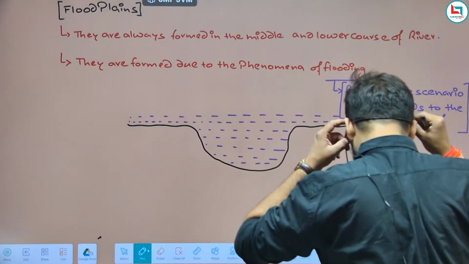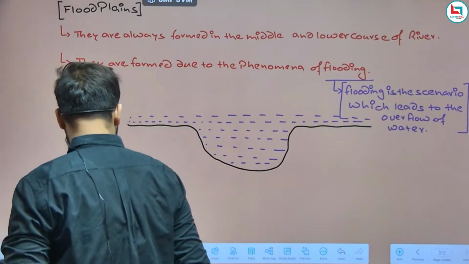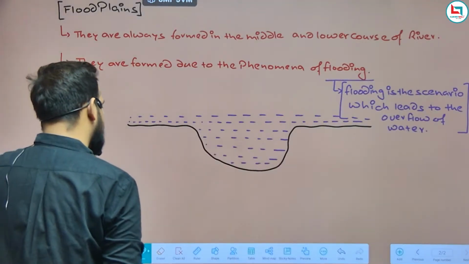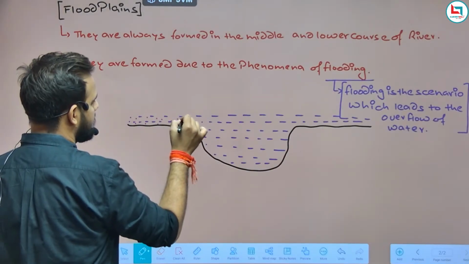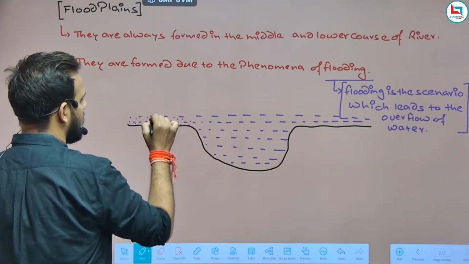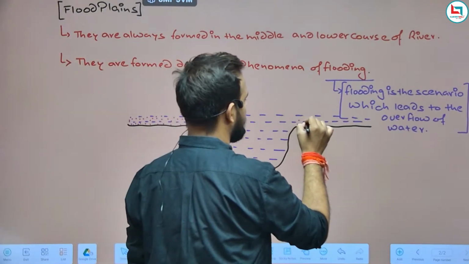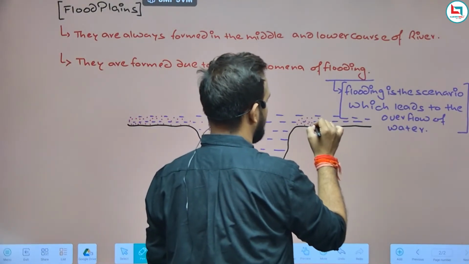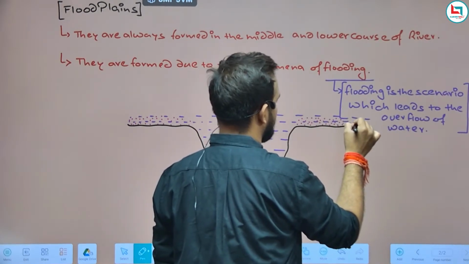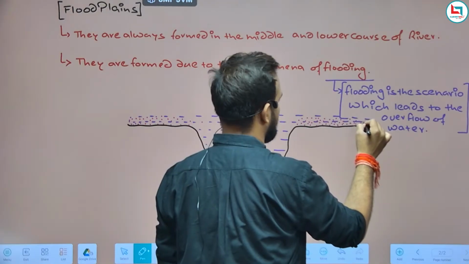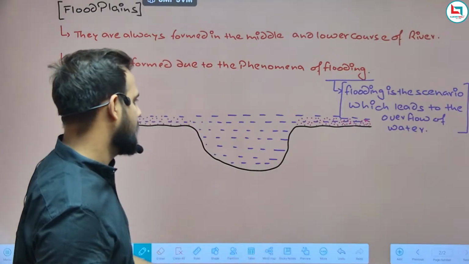And remember, guys, one thing: not only water, the sediments will also get deposited along this side. These are the finer particles of the river which are getting deposited here. Okay, so these are the things.